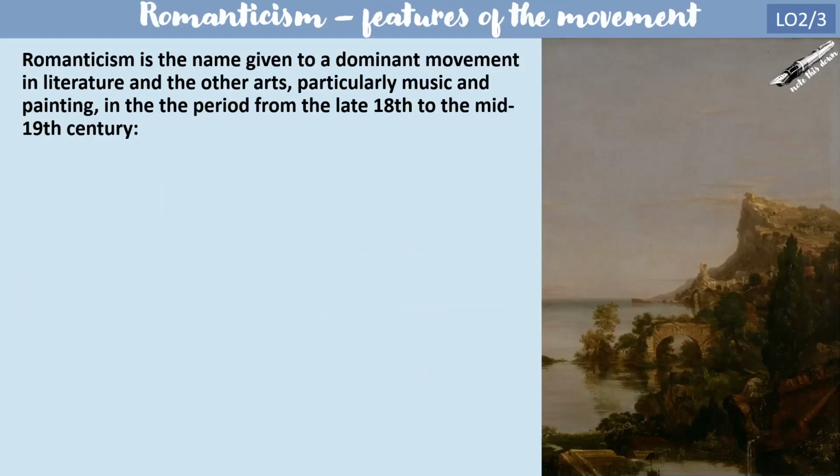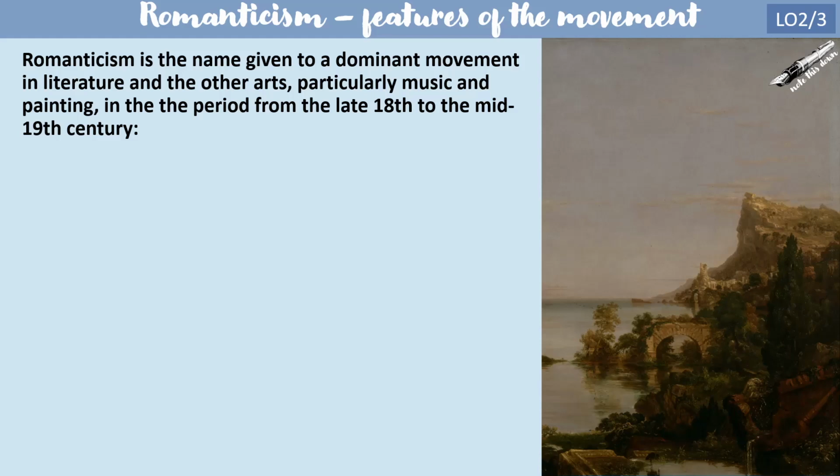So Romanticism is the name given to a dominant movement in literature and the other arts, particularly music and painting as well, in the period from the late 18th to the mid-19th century. And critics debate when exactly the Romantic period begins and ends.